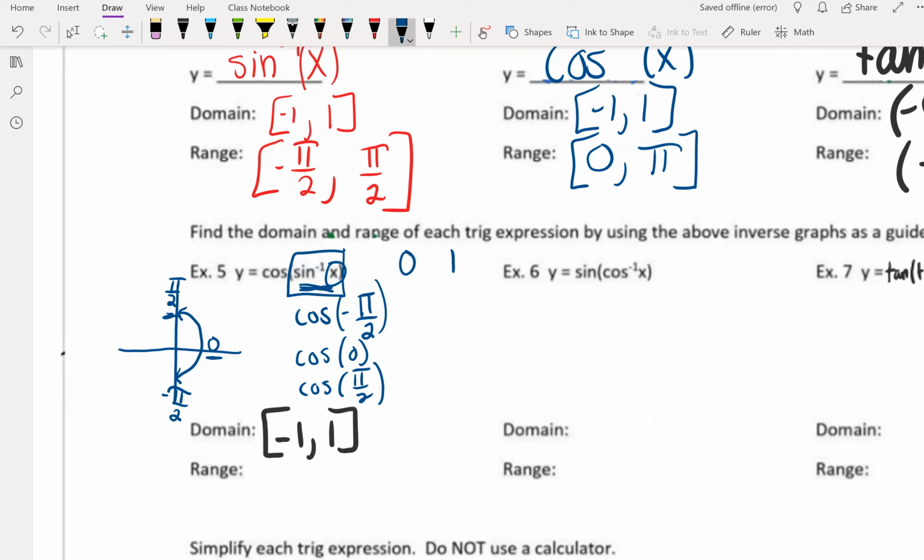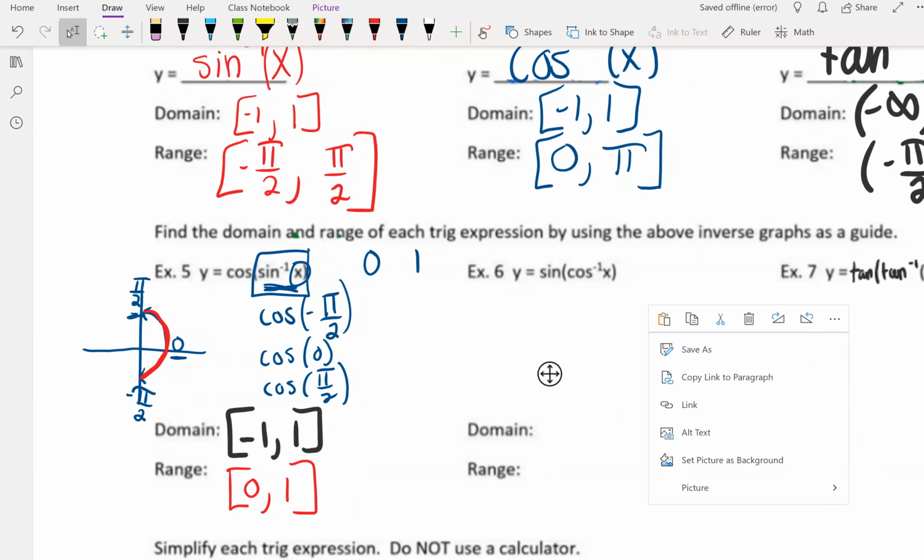Well, cosine of +pi over 2 is just going to be 0 again. So when I went through basically all of my options here, the lowest possible answer was 0 and the highest possible was 1. So my range is going to be from 0 to 1.